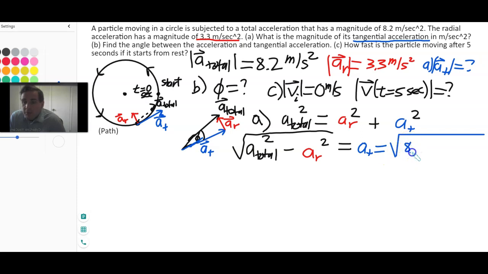So this is going to be 8.2 meters per second squared. And we have to square that and subtract the radial acceleration, which was 3.3 meters per second squared. And we have to square that as well.